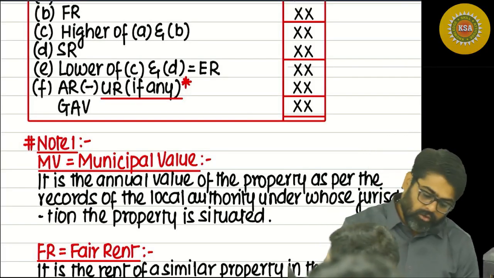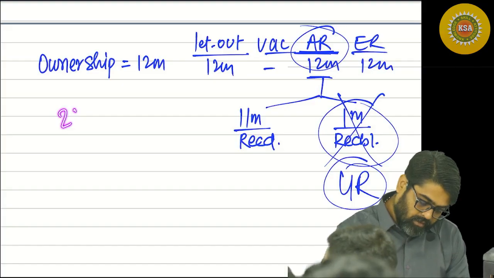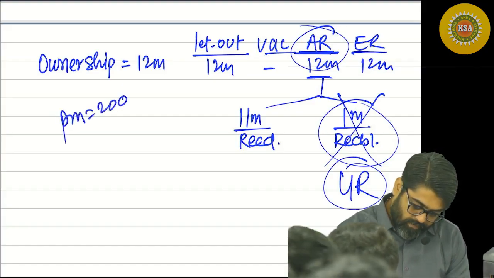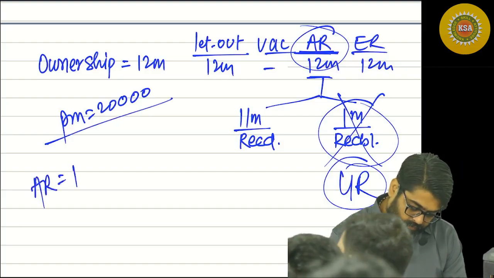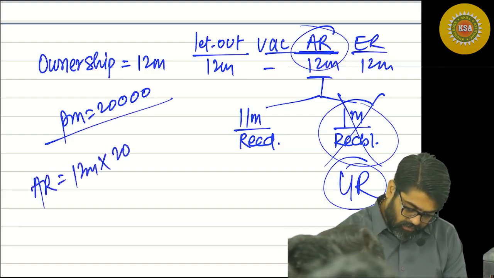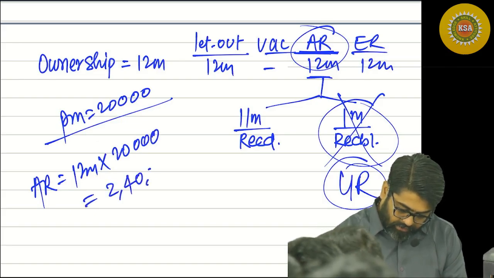Getting my point? So for example, say the rent per month was 20,000. Actual rent for 12 months will be 2,40,000. Yes or no?